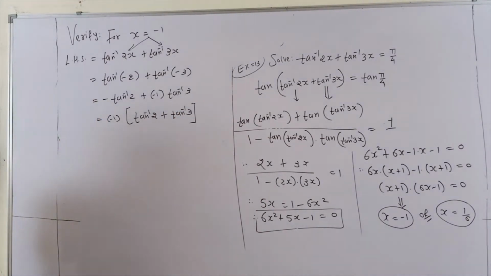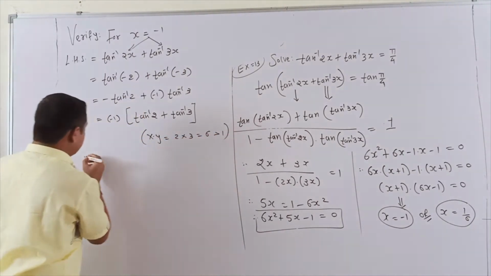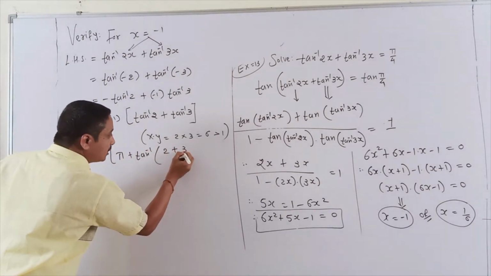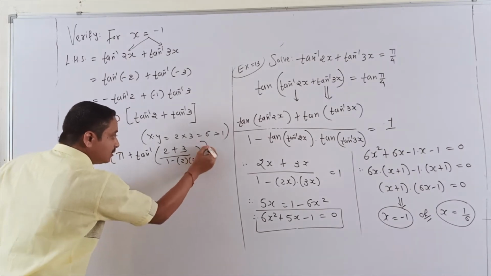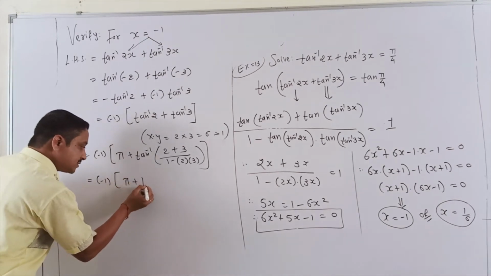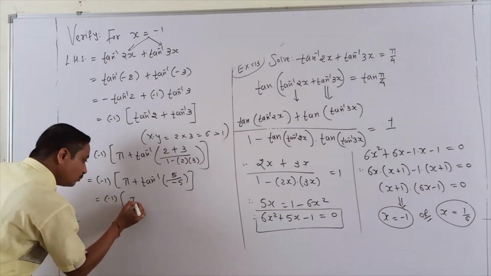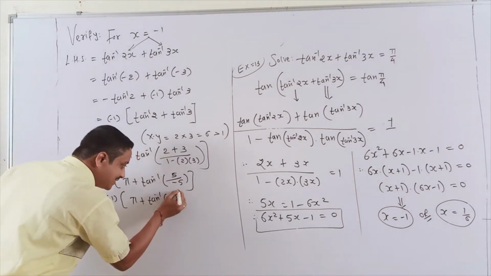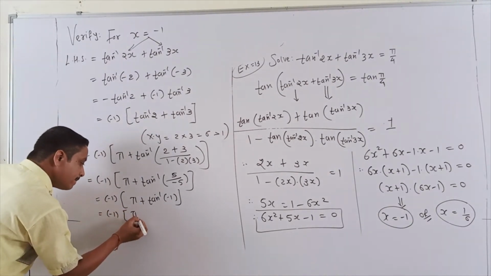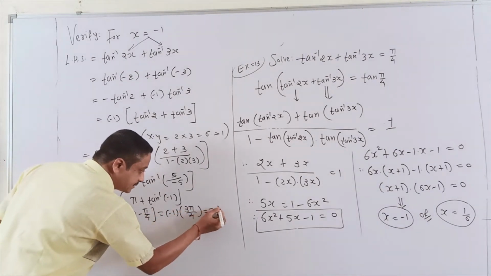Now let's check whether the condition holds. x into y, 2 into 3, is 6, more than 1. When the value is more than 1, then what is the rule? Add pi. If it is less than 1, then pi is not added. So my answer is pi plus tan inverse of minus 1, and it gets the value. How much? Tan inverse of minus 1 is minus 45 degrees, so my answer is 3 pi by 4 with the minus outside.